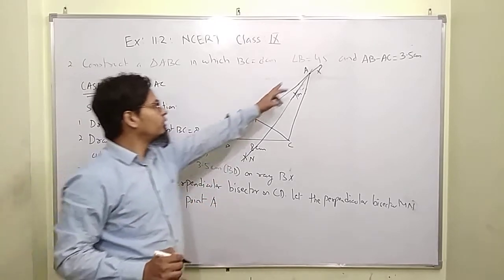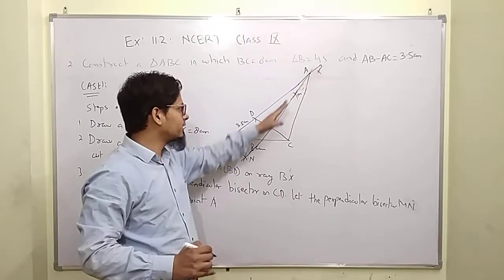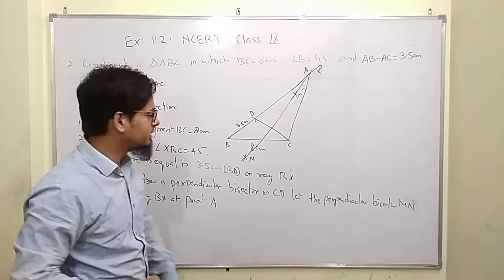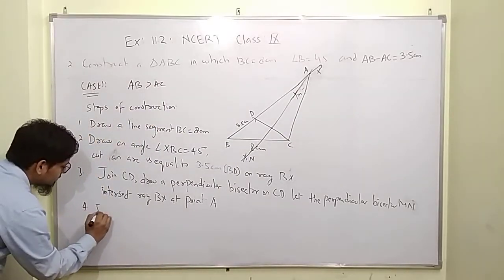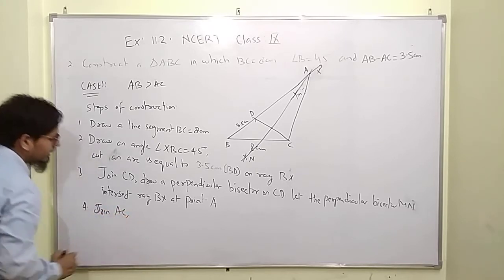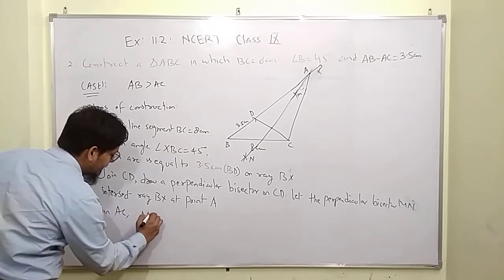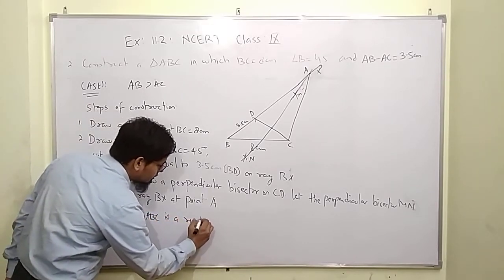Actually class, we have to find this point A, and we have to find it this way, from the perpendicular bisector. So after that, finally now join AC, and triangle ABC is the required triangle.